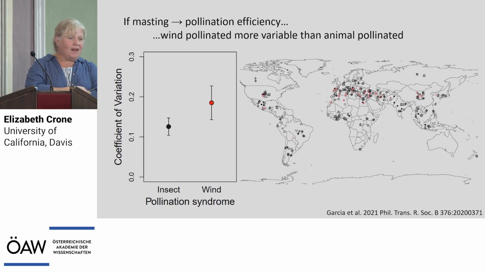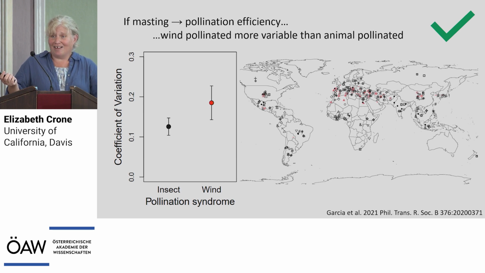So if masting increases pollination efficiency, wind-pollinated crops should be more variable than animal-pollinated crops. This is a graph of the coefficient of variation of these detrended time series, and insect-pollinated crops are, in fact, less variable even at the national scale than wind-pollinated crops.